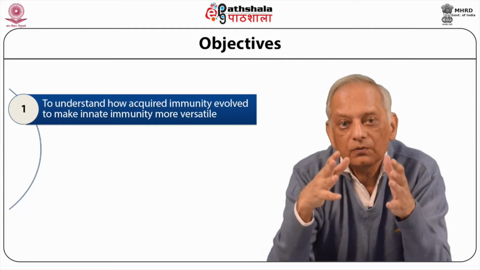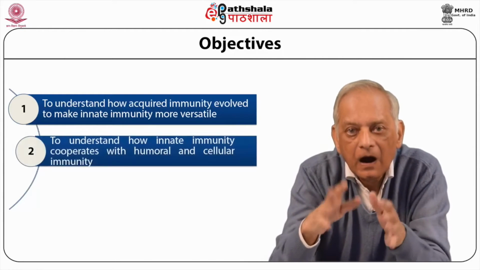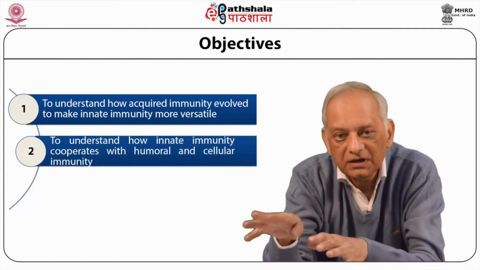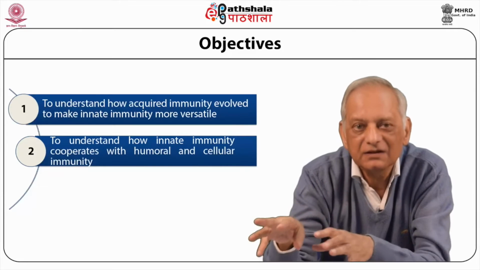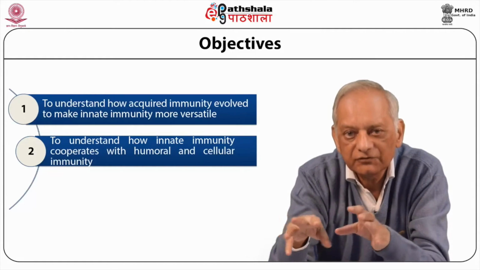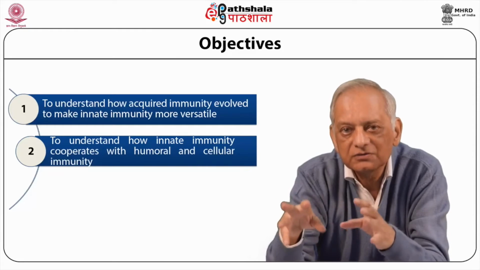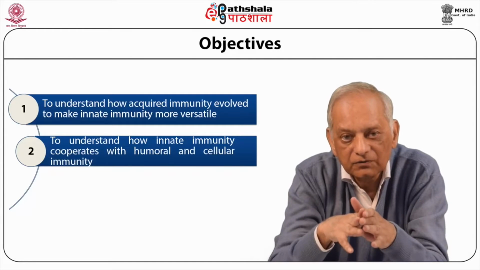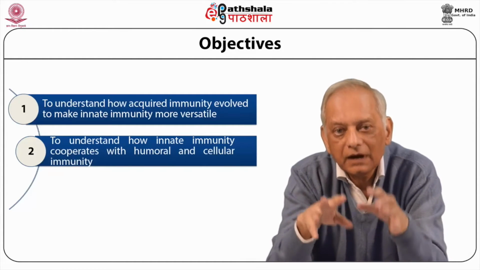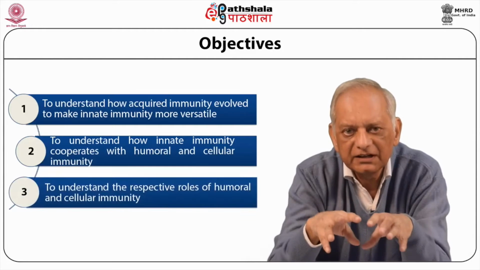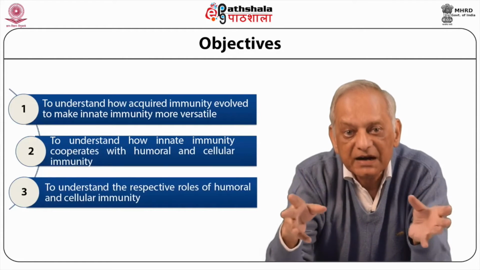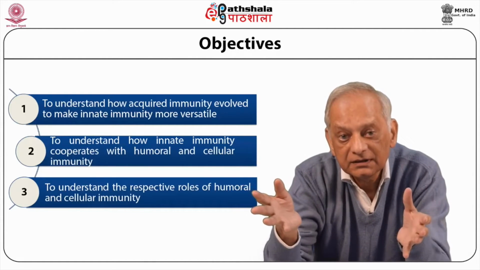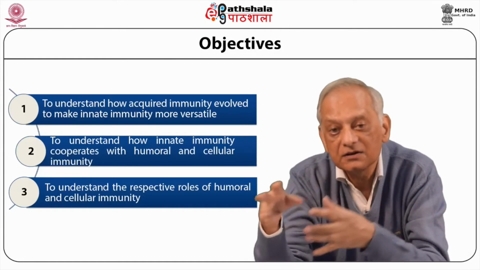We also will try to understand how innate immunity cooperates with the humoral immunity and the cellular immunity, which of course together constitute acquired immunity. We will also furthermore try to understand briefly what are the respective roles of these two parts of acquired immunity, that is the humoral and cellular immunity.